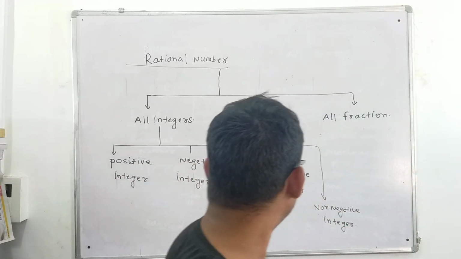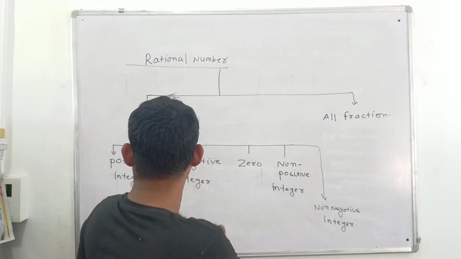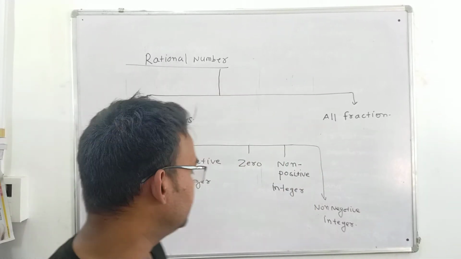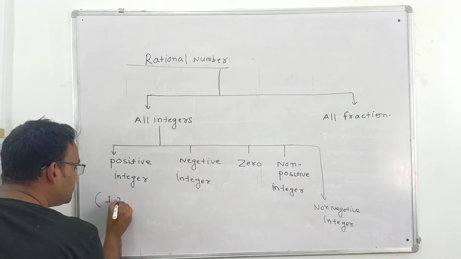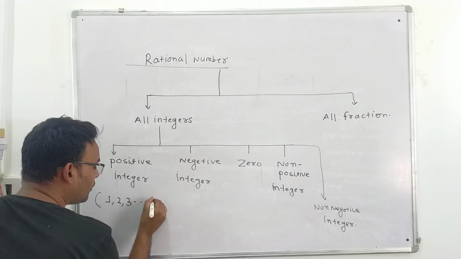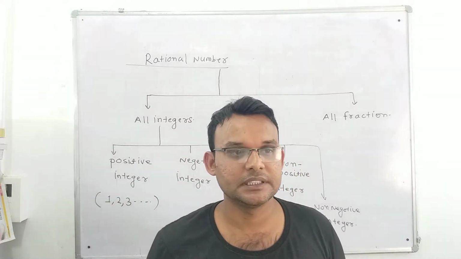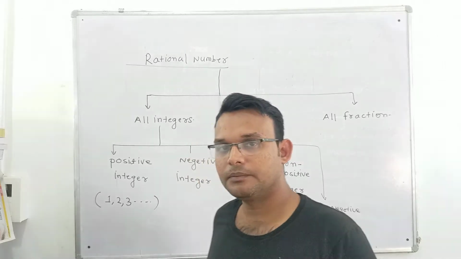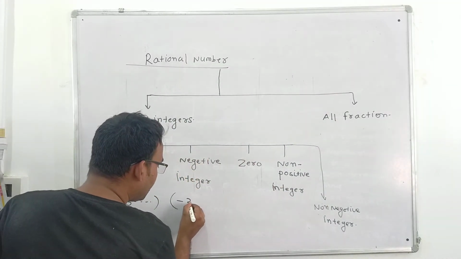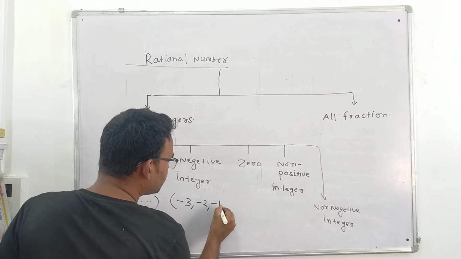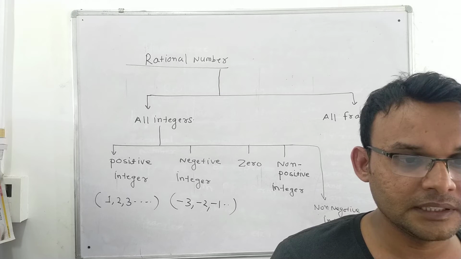Now we will see examples of the different integers. In positive integers, examples are 1, 2, 3. In case of negative integers, -3, -2, -1 are all examples of negative integers.